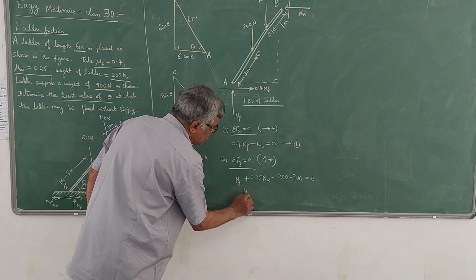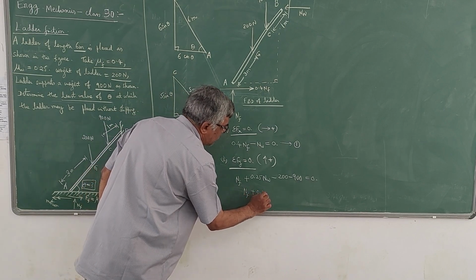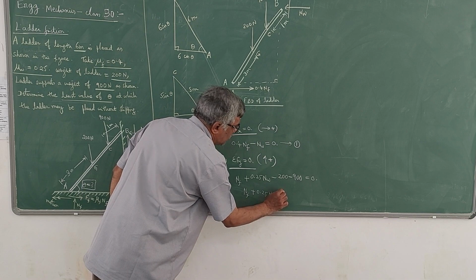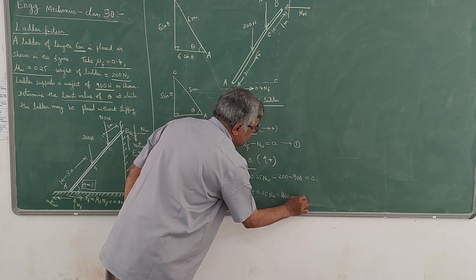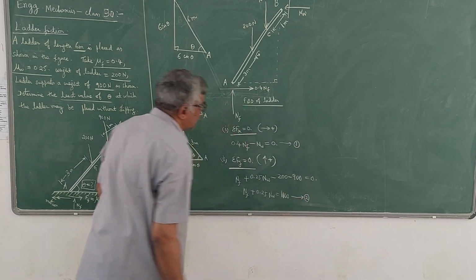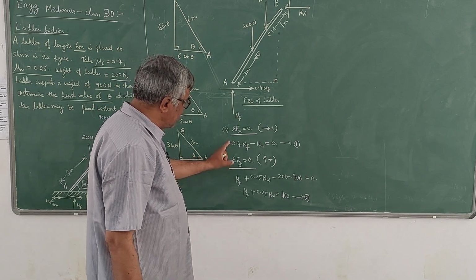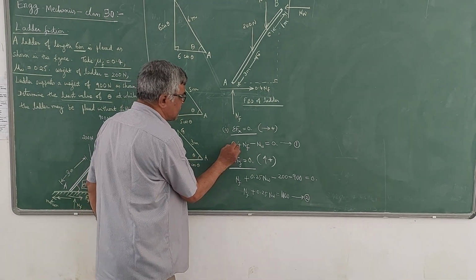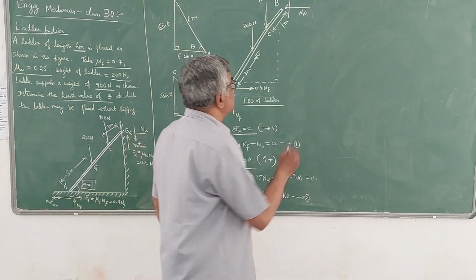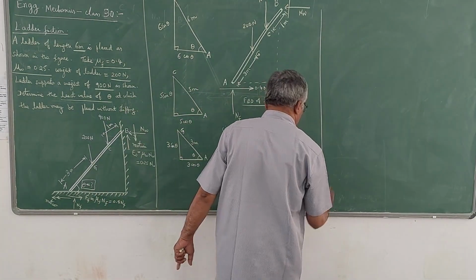So in other words, NF plus 0.25 NW is equal to 1100. So this is equation 2. You cannot solve with either one alone because there are two unknowns. Now you can find NF and NW by solving these two simultaneous equations, solving 1 and 2.